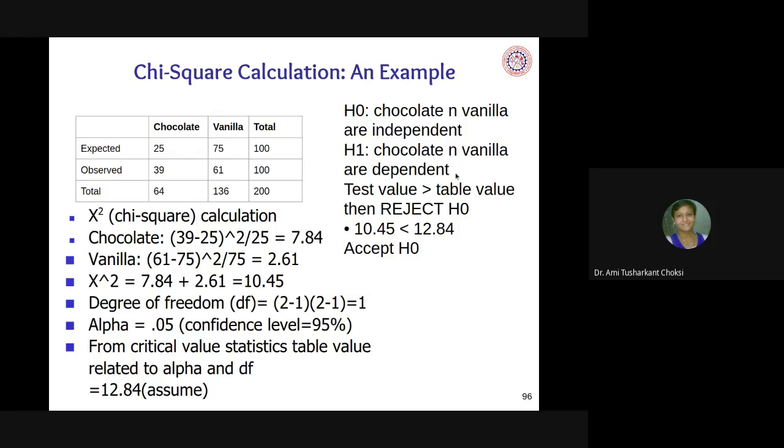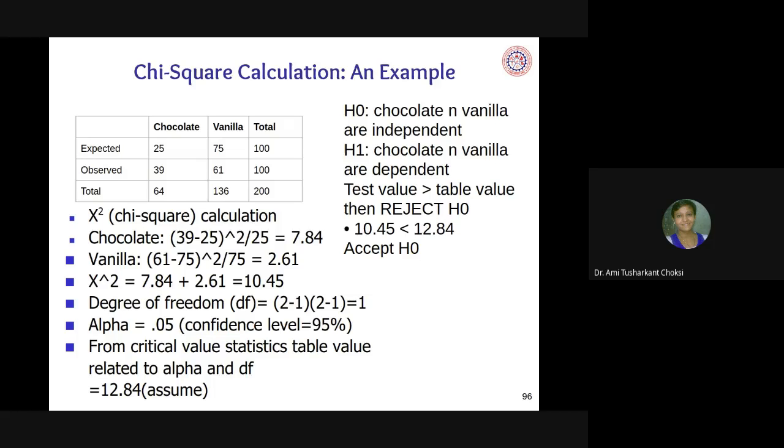What we know is that the test value we calculate using the chi-square equation, if it is greater than the table value, then reject the hypothesis. Right? This is what is known to us.